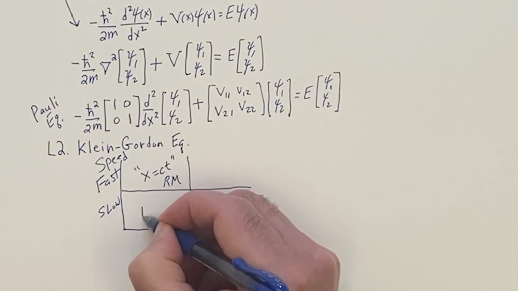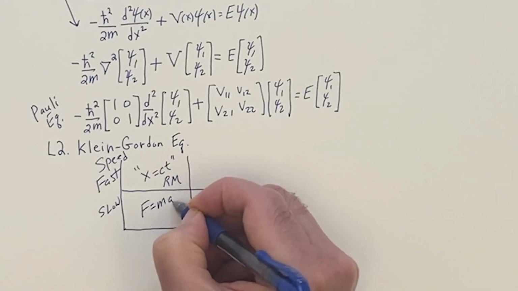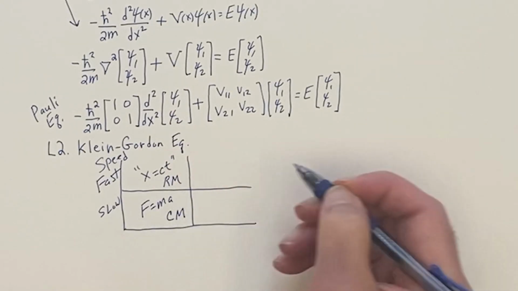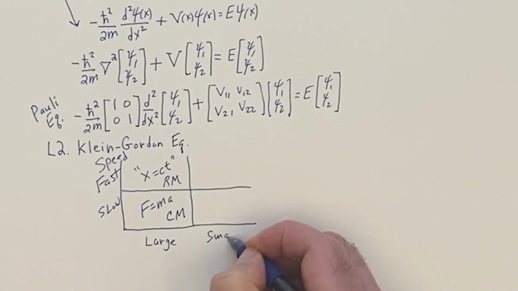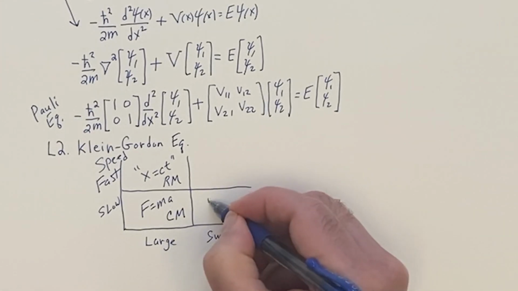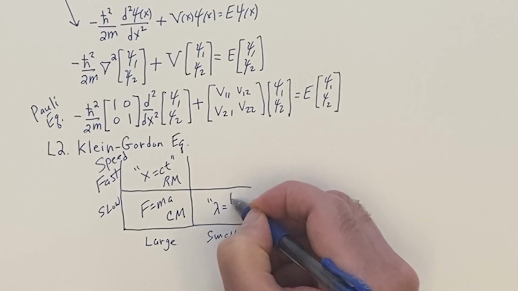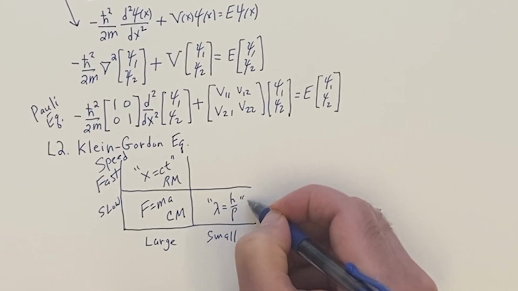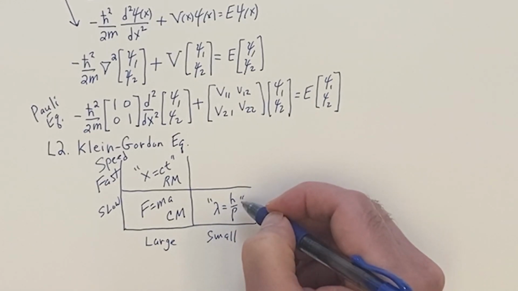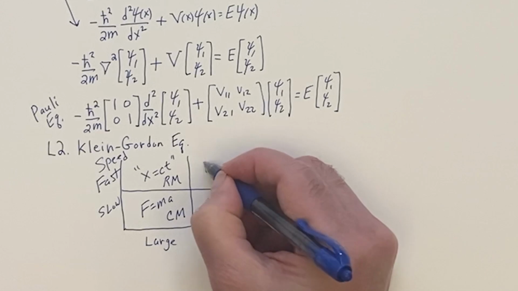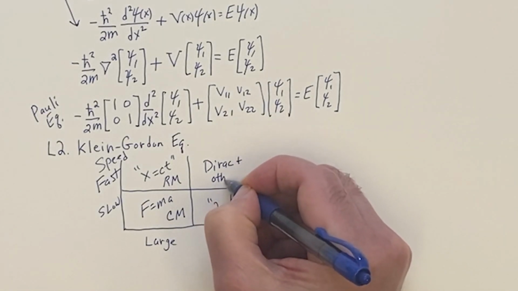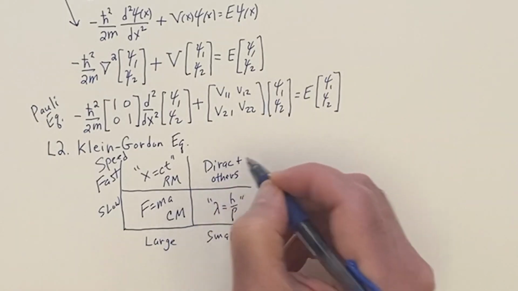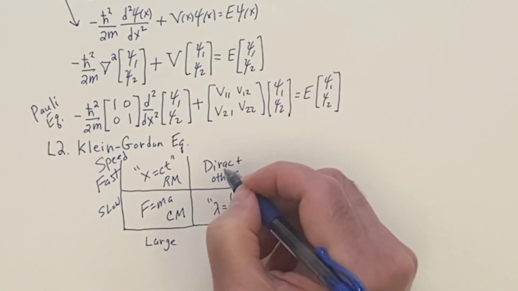And then here, F equals ma, this is classical mechanics. This is the world of the large, and then this is the small. And here I'll put the de Broglie relation, but you could use the Schrodinger equation in there. And then this is Dirac, and I should add others because work still goes on in this area. Dirac didn't give the final word.